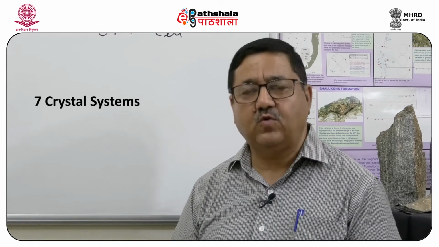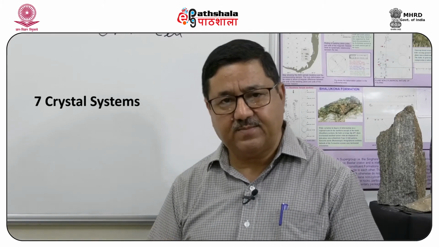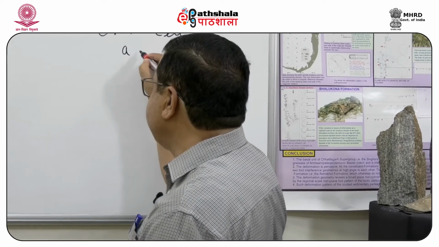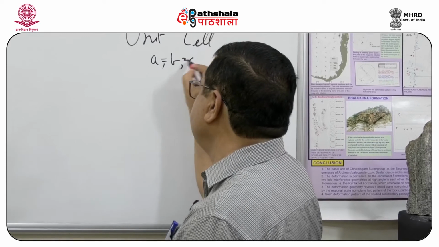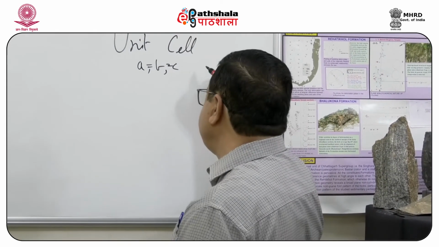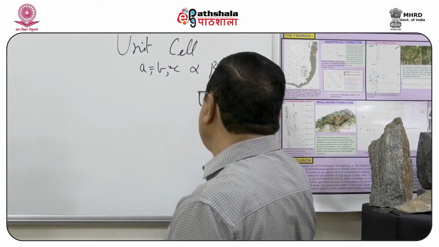These include the cubic or isometric system, in which the 3 axes, which we can name as A, B and C, are equal, and the 3 angles, which we can name as alpha, beta, gamma.